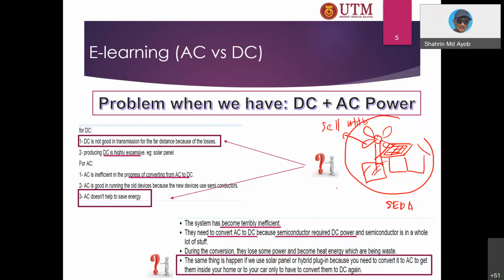So this is what we call distributed generation scheme. Every house is a generator. We generate power for our home, and if the power generated is higher, then we can sell to the TNB.